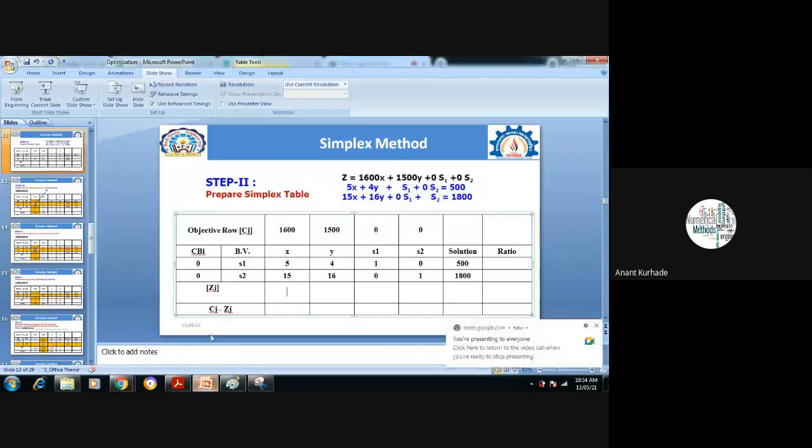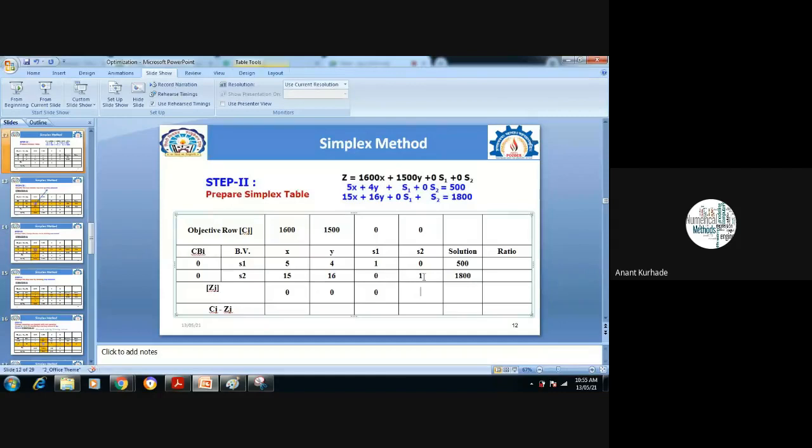Okay. So Zj means the addition of 0 into 5 plus 0 into 15. What is the answer? 0. From the second column also, 0 into 4 plus 0 into 16 is 0. Next one, 0 into 1 plus 0 into 0 is 0.